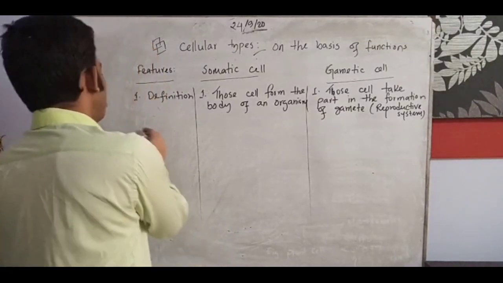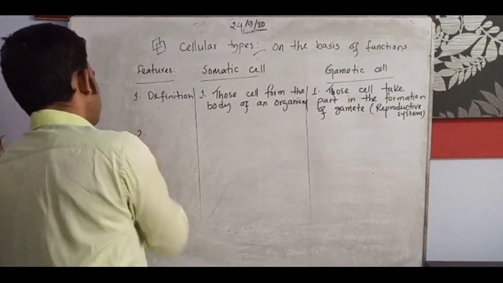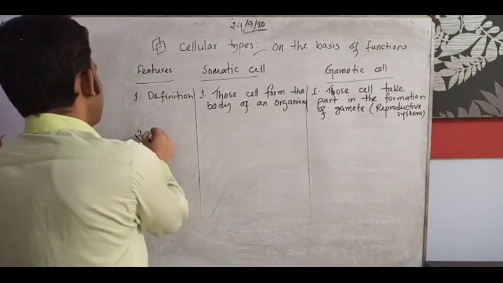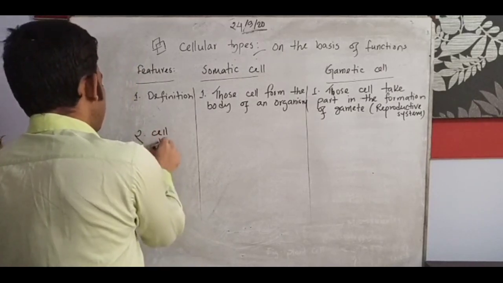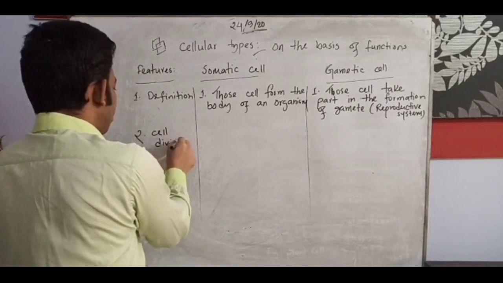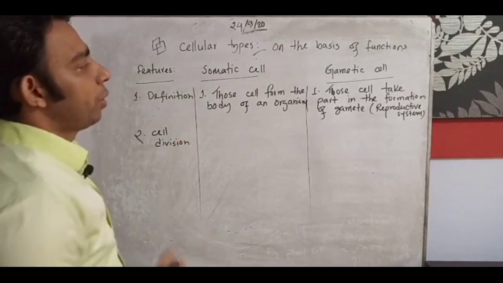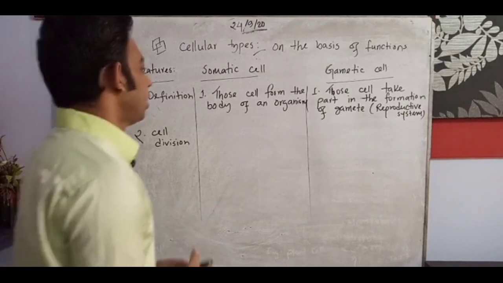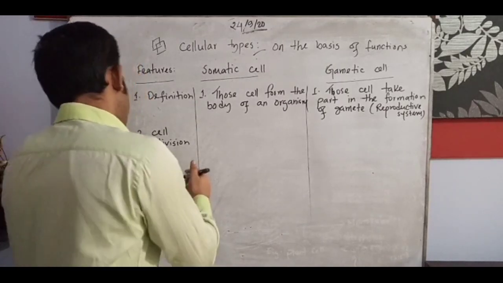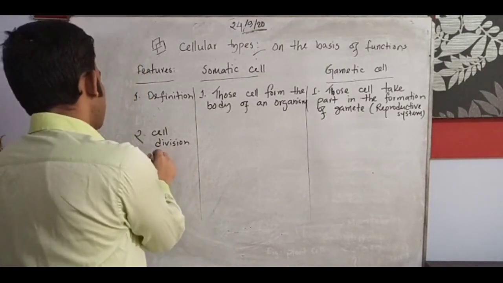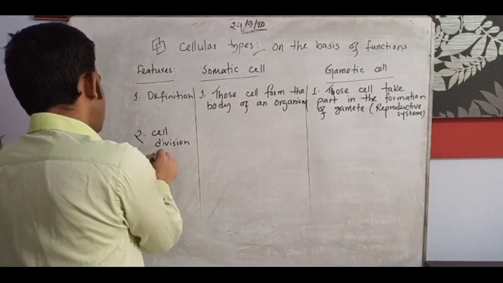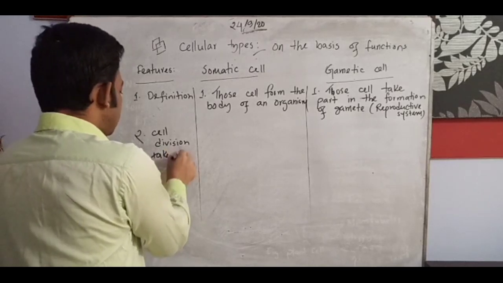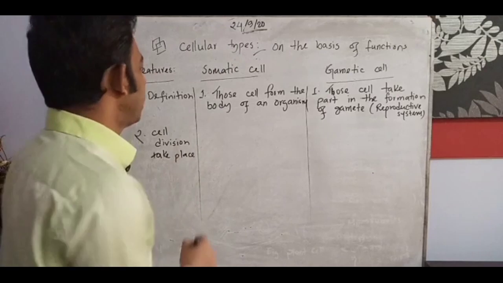Okay, number 2, cell division taking place. You know many things, but I think if you note them in this way, learning will be very easy and gettable. Cell division process, you can write cell division takes place.